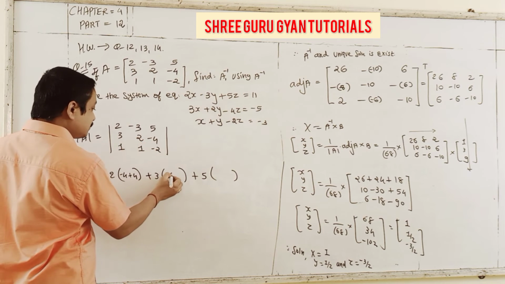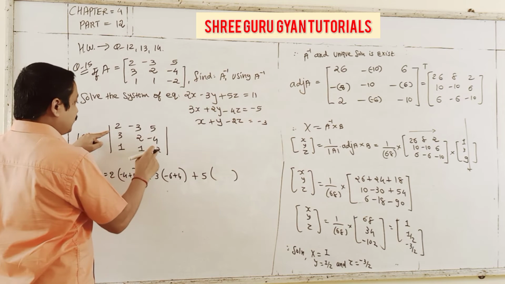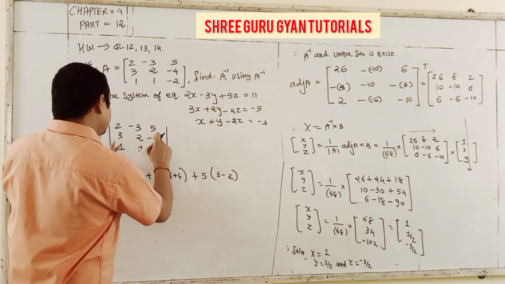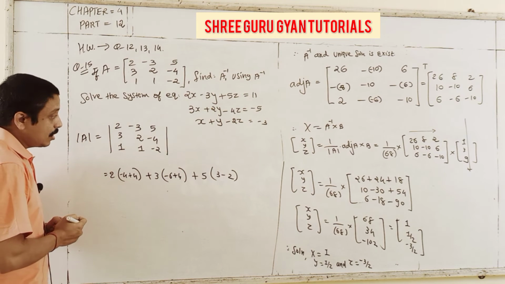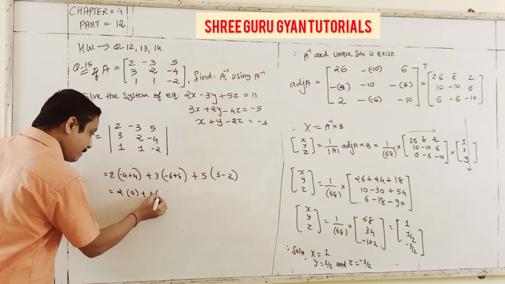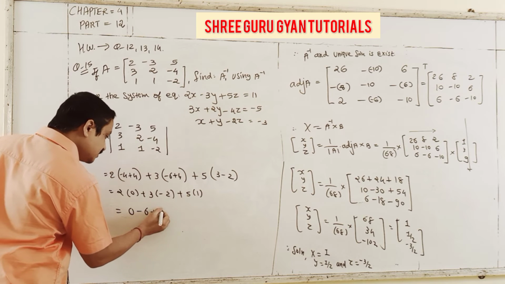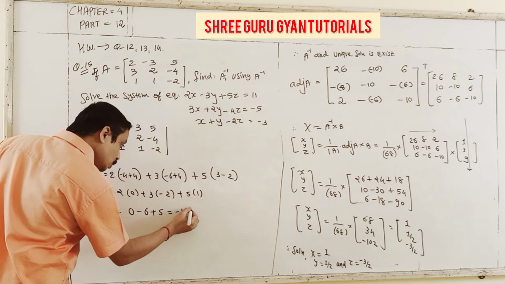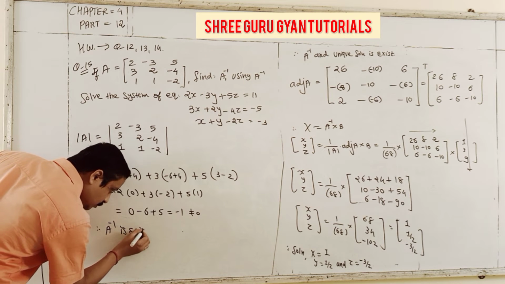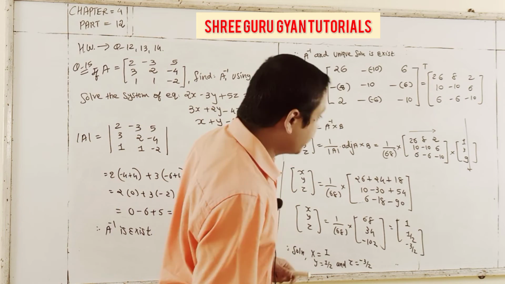Secondly, minus 6 plus 4, and last T form here, 3 minus 2, minus 6 plus 4. Last, 3 minus 2 will do 0, minus 2 and here 1. So 0 minus 6 plus 5. So A inverse exists. It means it is consistent. Now I will start my adjoint forming.